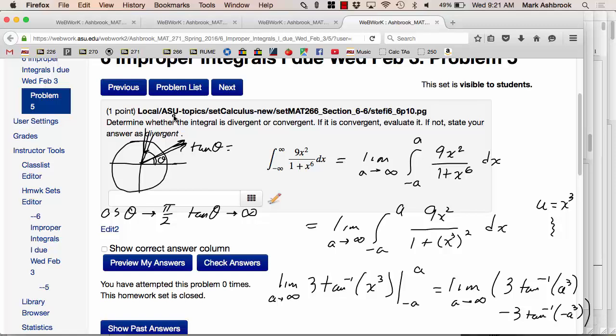Get a little closer to pi over 2, and the slope's even larger. There's no limit to how large that slope gets. And likewise, if you go the other way toward negative pi over 2, tangent theta approaches negative infinity.